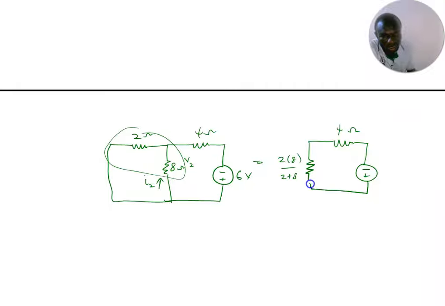So in series with the 6 volts. And with this one, we are going to get 16 on 10. Right? So what will be the voltage drop? V2 is going to be that particular resistance, which is 16 on 10, all on 4 plus 16 on 10, right? Times 6 volts.